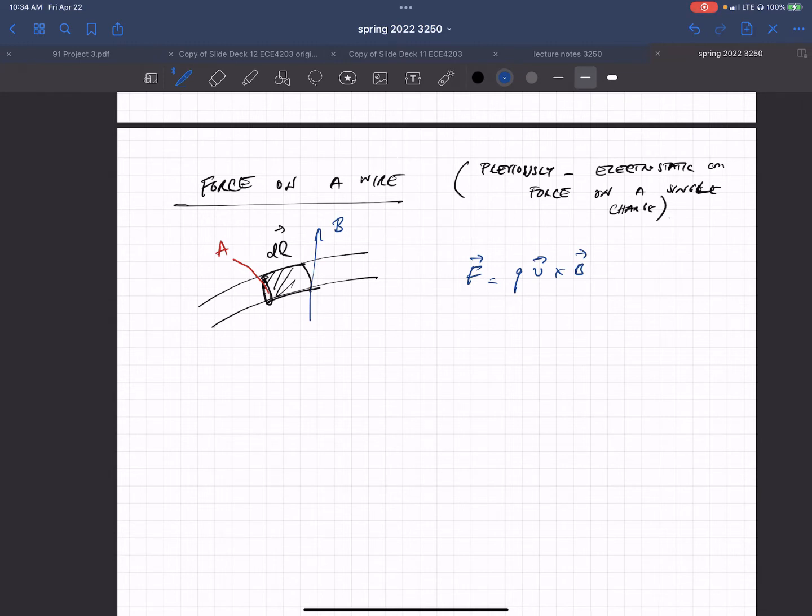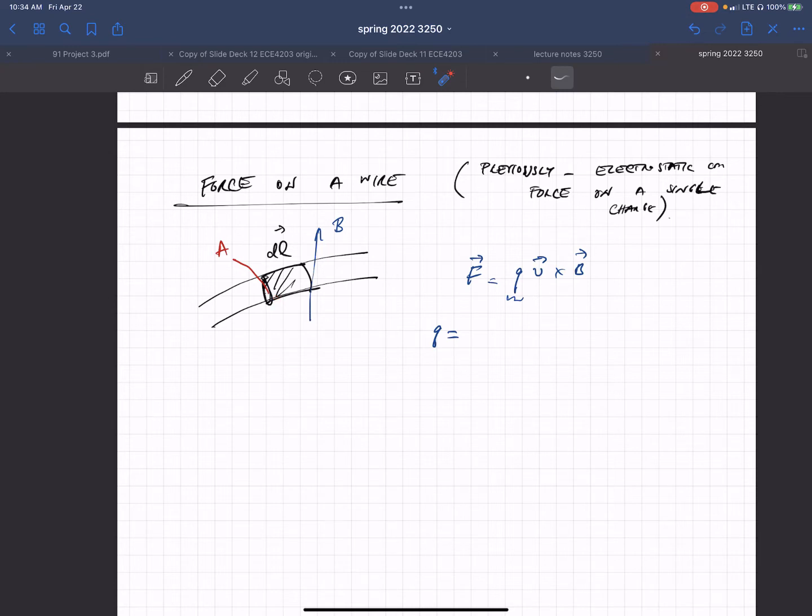All right, so the first thing we've got to do is figure out what the Q is. Well, Q is going to be what's in this volume of charge that's going through in this unit of time given by this velocity.